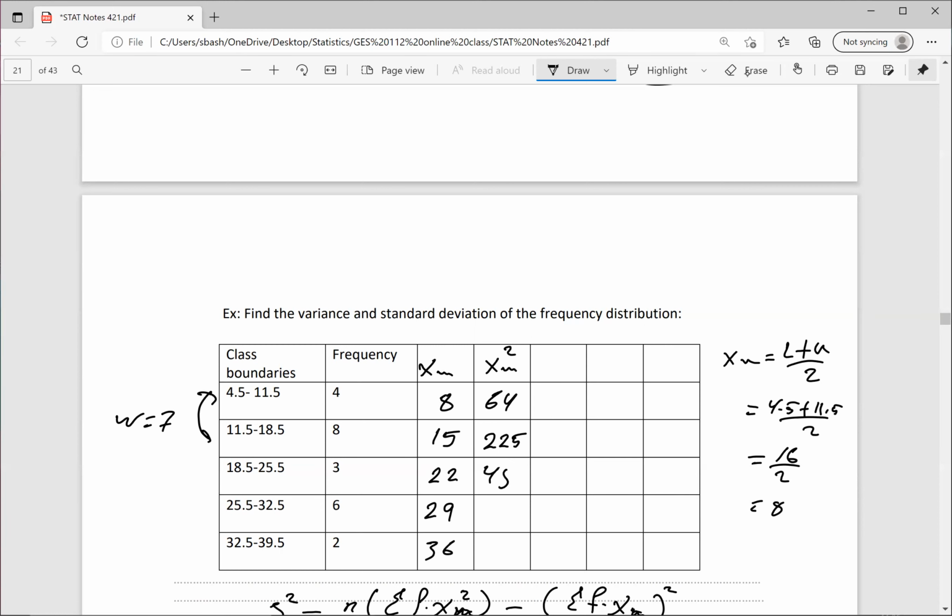Then 29 squared is 841. And 36 squared is 1296.